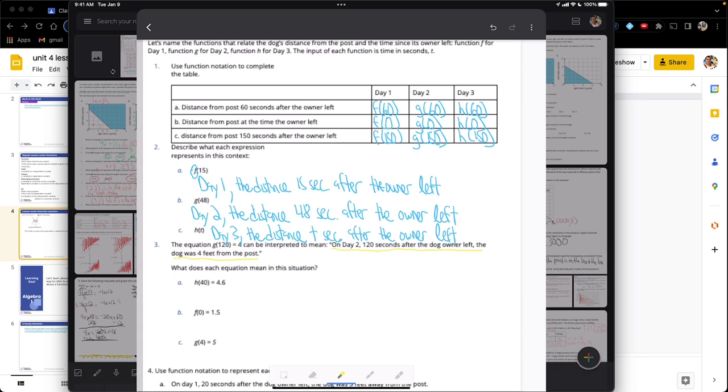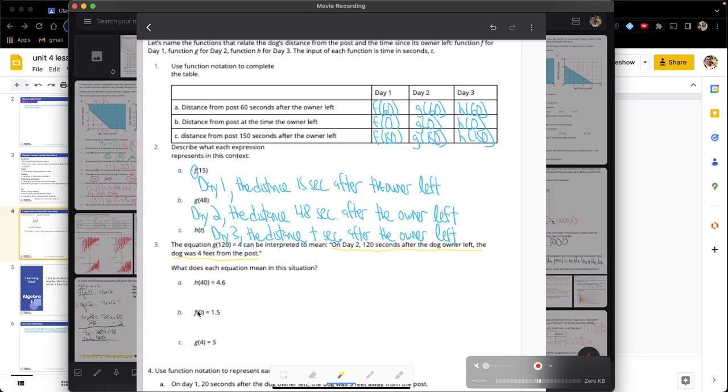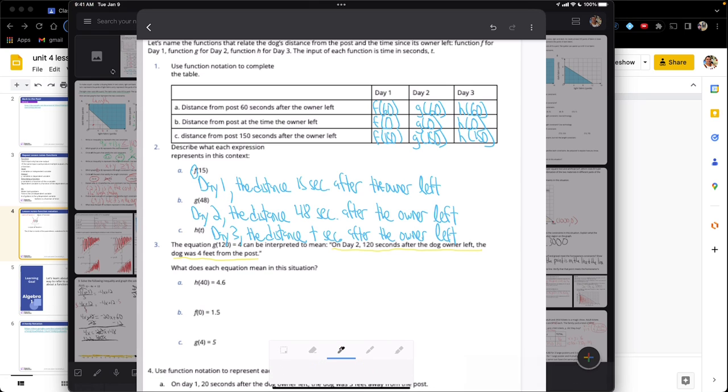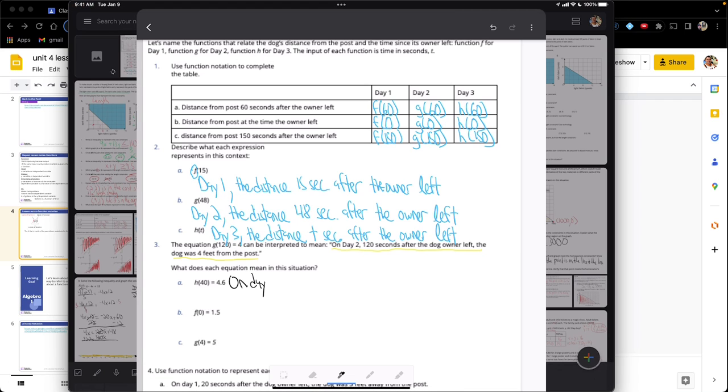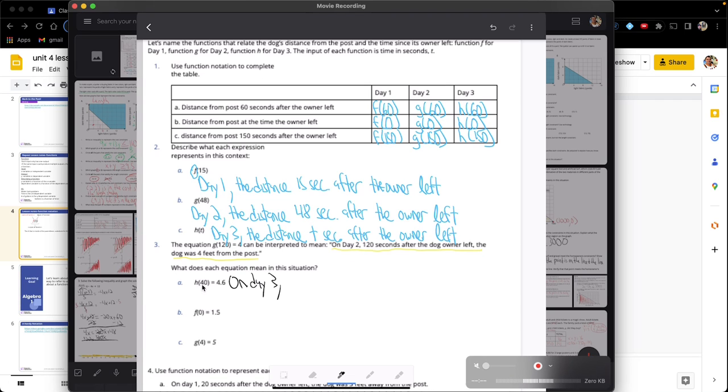So number 3, the equation g of 120 equals 4 can be interpreted to mean on day 2, 120 seconds after the owner left, the dog was 4 feet from the post. What does each equation mean? Let's start with A. h of 40 equals 4.6. First we're dealing with function h, which in this case is day 3. So this is going to mean on day 3, our input is 40. That means 40 seconds.